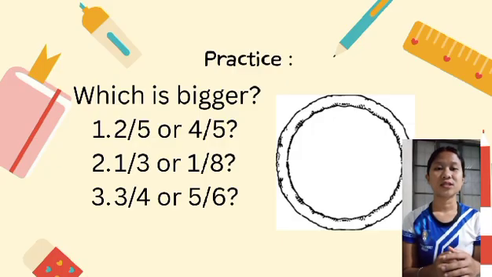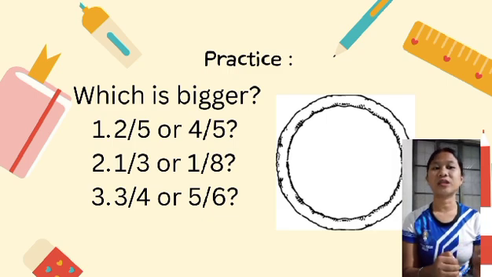Always remember these rules for comparing simple fractions. If your denominators are the same, you're going to compare the numerators. And if the numerators are the same, you just need to compare the denominators.